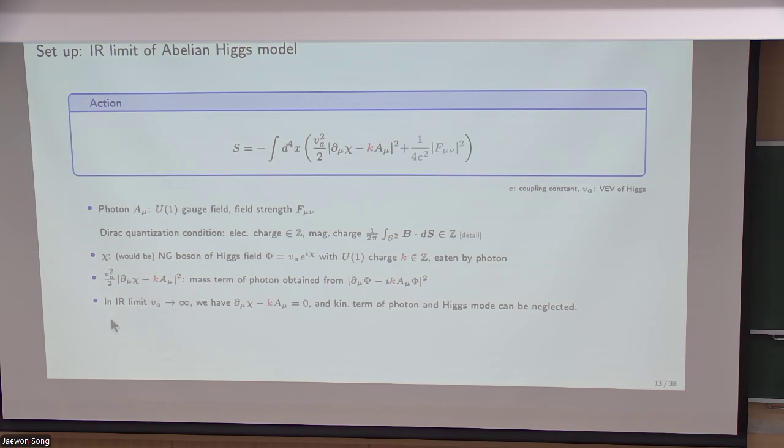By taking the low energy limit, we have this condition to have a finite Hamiltonian density in the presence of the vector potential A, so the kinetic term of the photon and the other Higgs modes can be neglected.